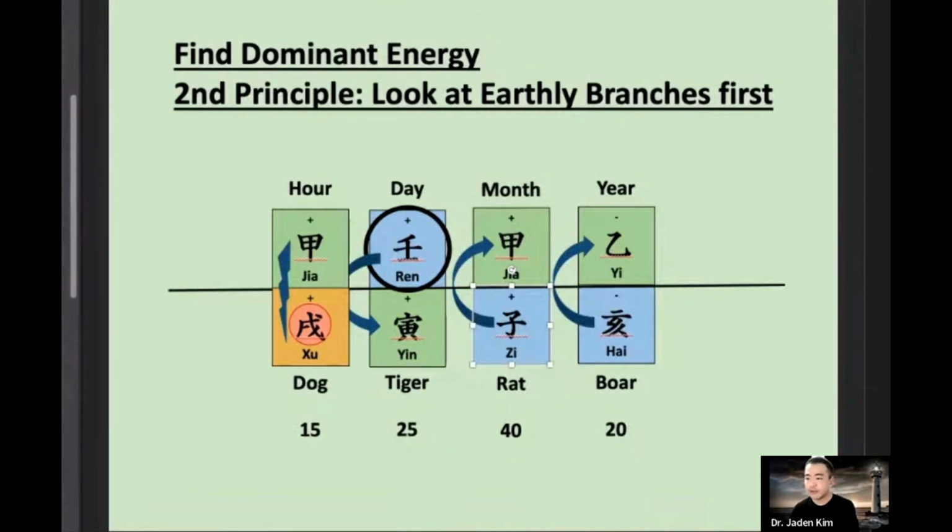Does it matter if all pillars are yang or all pillars are yin? Can you tell me more detail? There are several kinds of yin and yang aspects we can say. This plus means yang stem or yin stem: this is yang wood, this is yin wood. The other way to say yin and yang is wood and fire take the yang aspect, and metal and water the yin aspect.